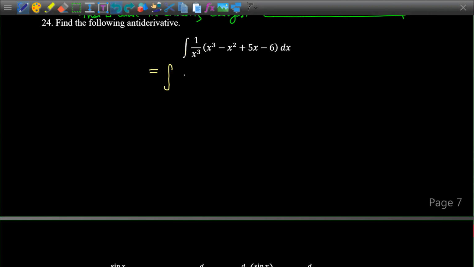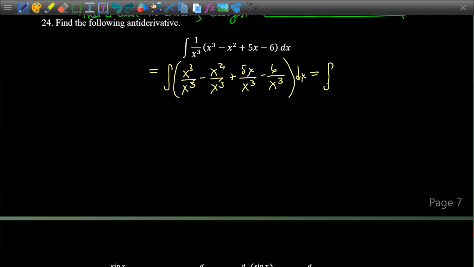And that will give me x cubed over x cubed minus x squared over x cubed plus 5x over x cubed, and then minus 6 over x cubed. And don't forget the dx. And this is equal to x cubed over x cubed, which is just 1. x squared over x cubed is 1 over x.